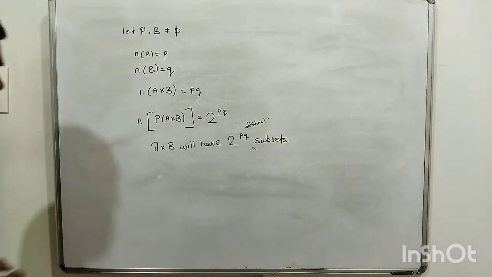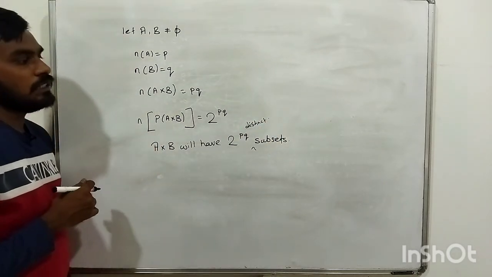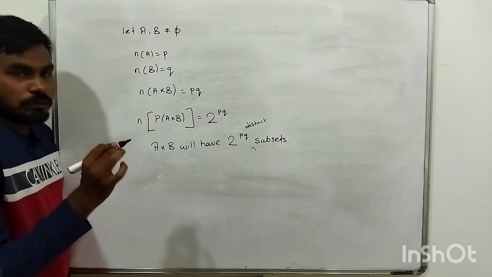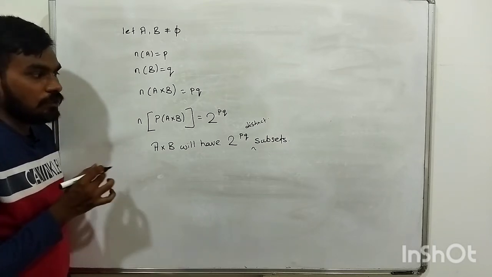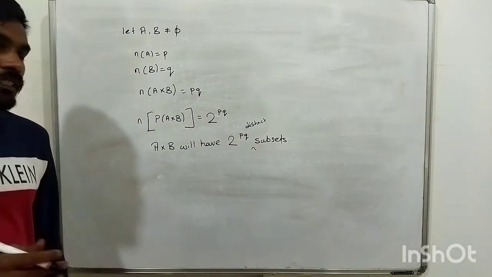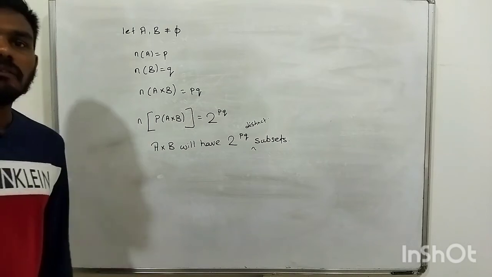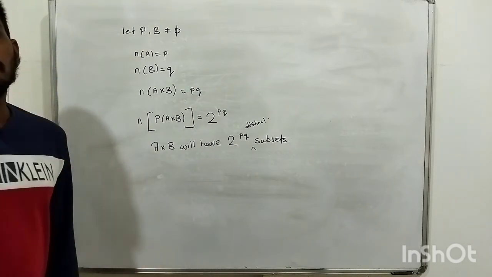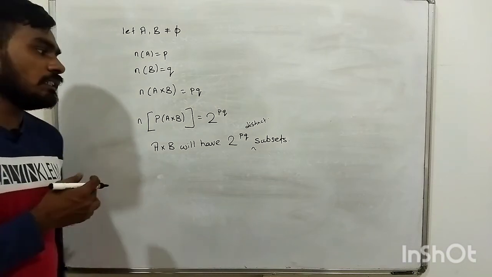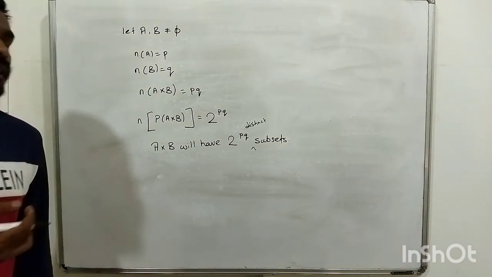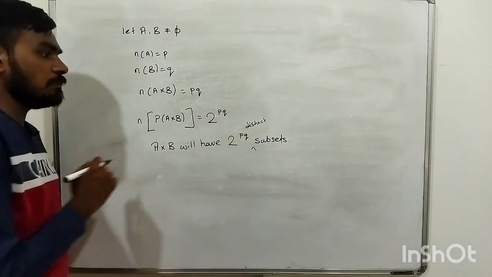Now A cross B will have 2 raised to PQ subsets. This means what? We know a relation R from A to B is one of the subsets of A cross B. So how many subsets do we have like this? 2 raised to PQ subsets are there.